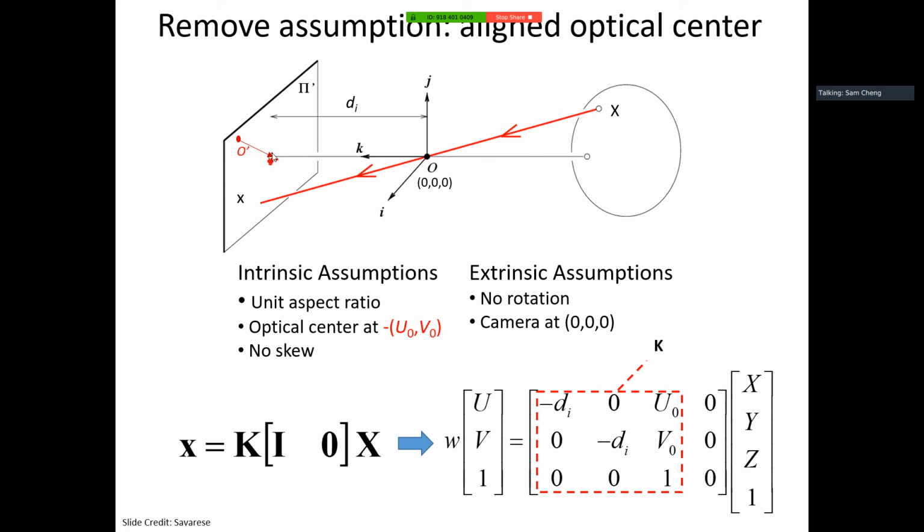If it's not, then we need to have this adjustment here, u0 and v0. I know it's a little bit silly, but I assume people should always align that. So then you have this u0 and v0 here.